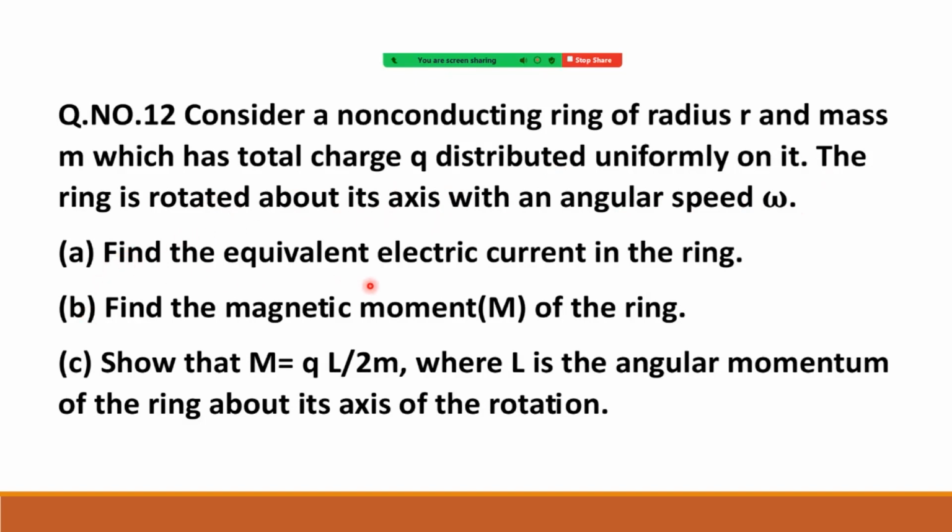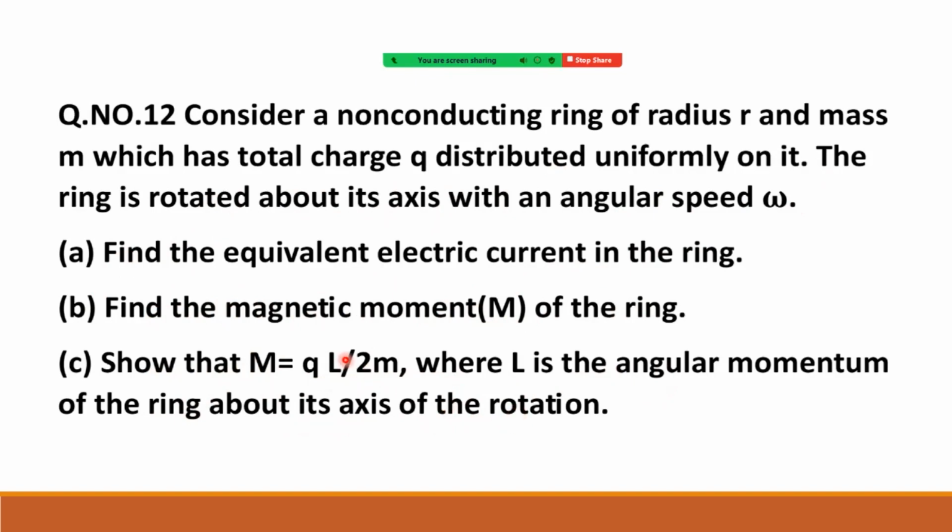Find the equivalent electric current in the ring. Find the magnetic moment of the ring. Show that m equals qL by 2m, where L is the angular momentum of the ring about its axis of rotation.